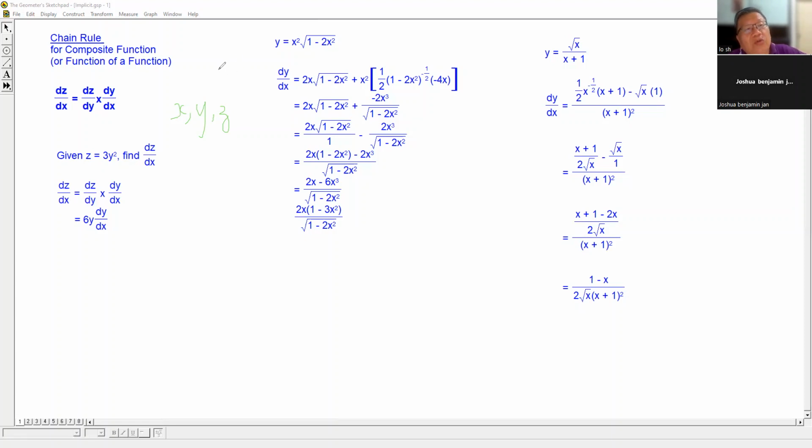Now, how to recognize the position of these variables? This is z, this is x, this is z, this is x. The position is like that. Then at the bottom here, this is y. At the top here, it is y. So can you see the arrangement in the composite function? We call the chain rule.